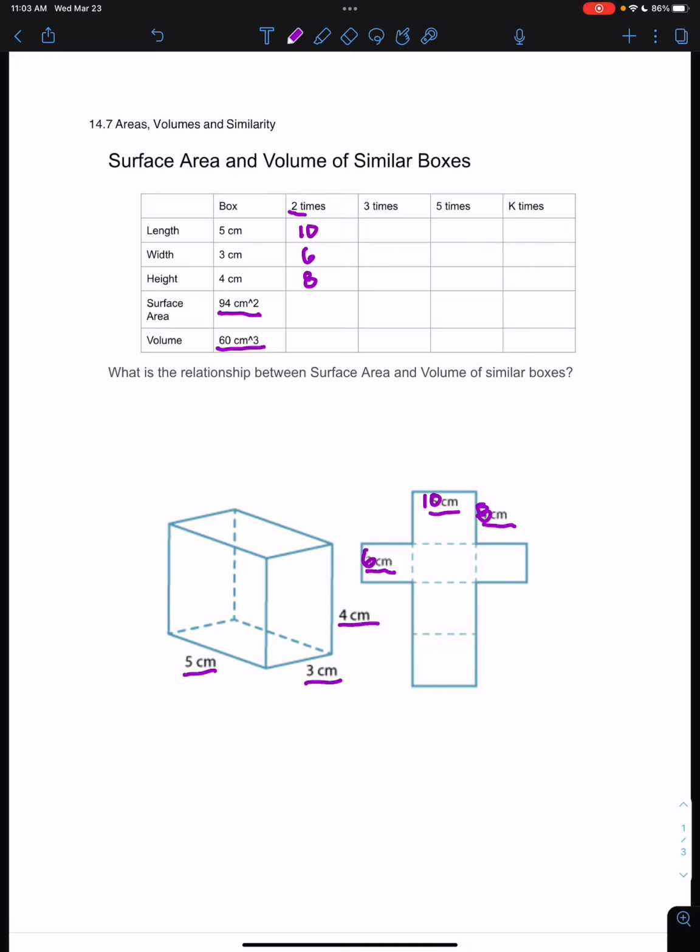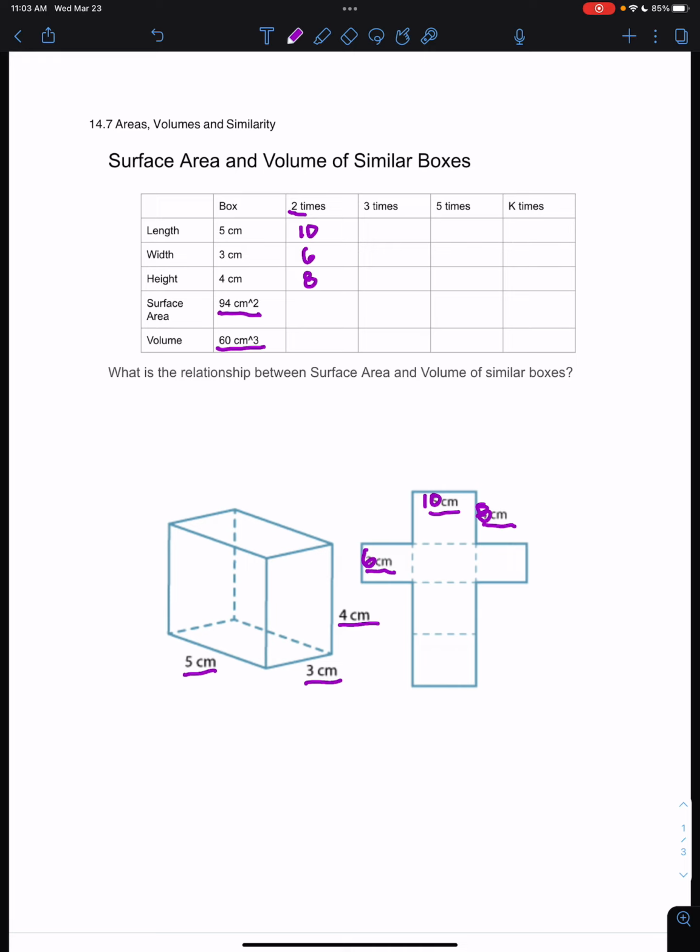Similarly, with volume, you might predict that we're just going to multiply the volume by the scale factor of 2. That is not how it works. And let's see what actually does happen. So here, let's look at surface area first.